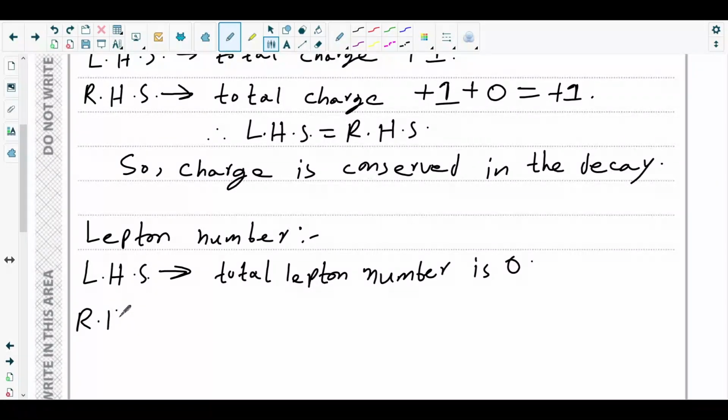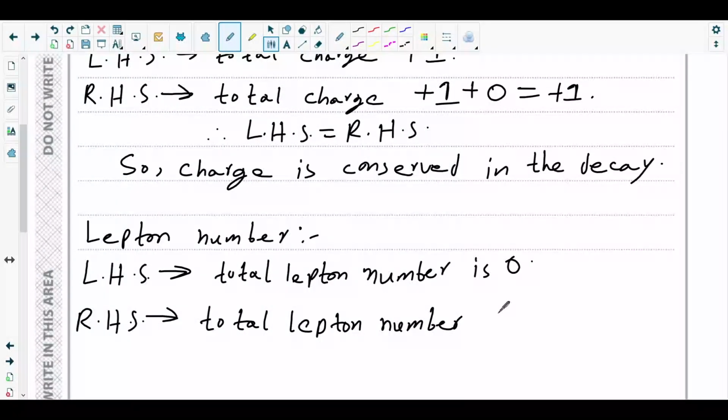And on the right hand side, what's the total lepton number? It is pion plus neutron. Neutron is a baryon, pion is a meson, so both are hadrons, and they don't have any lepton number. So on the right hand side, the lepton number is also 0.